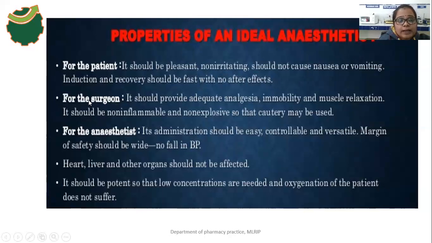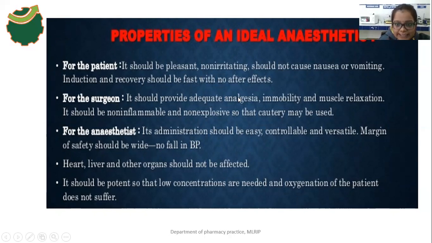From the surgeon point of view, the anesthetic drug should provide adequate analgesia. Analgesia means the patient is unable to feel the pain.